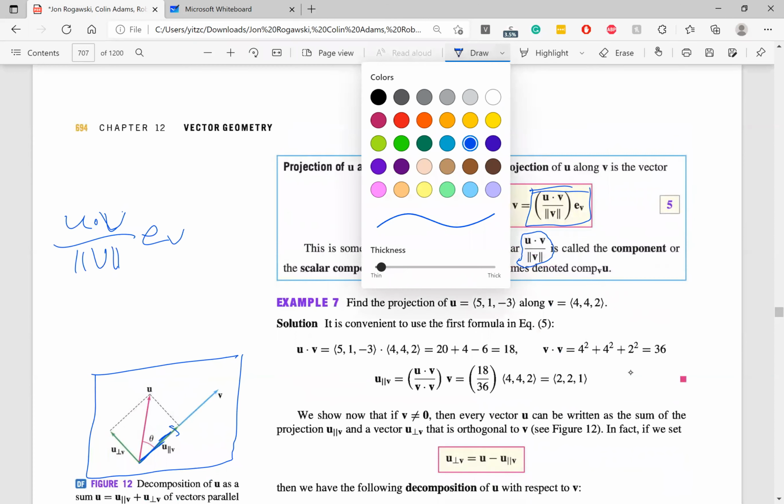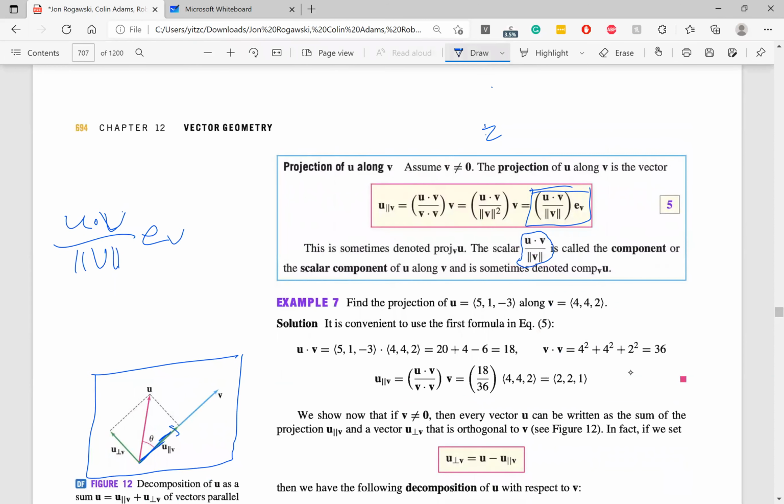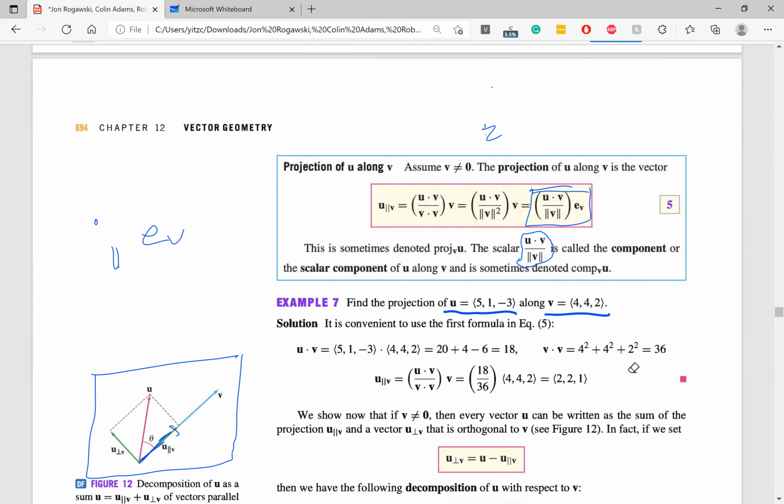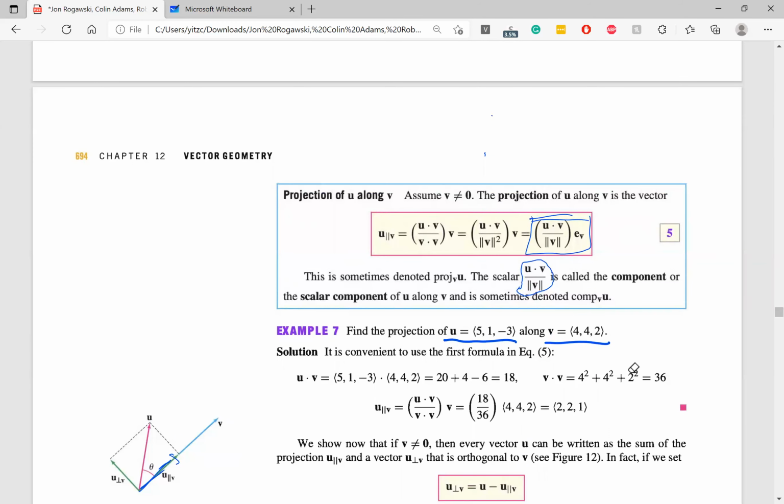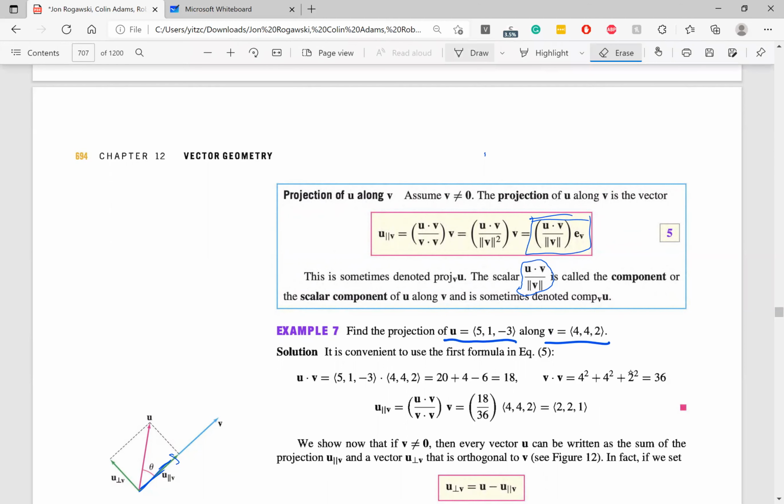Okay, so they ask us to find a projection of this vector U along this vector V. And because we are using the dot product, meaning in general, finding such a thing using cosine and sine might be a little tricky. But if you have the dot product, then it's actually not that bad.